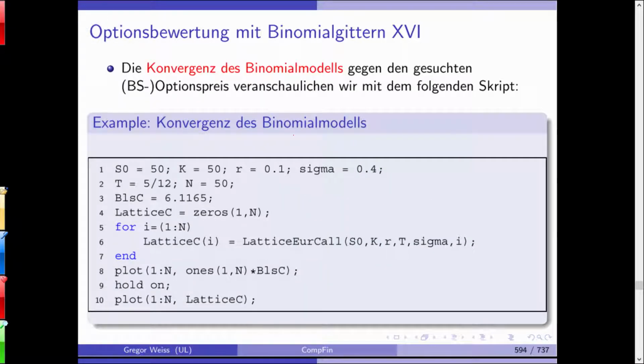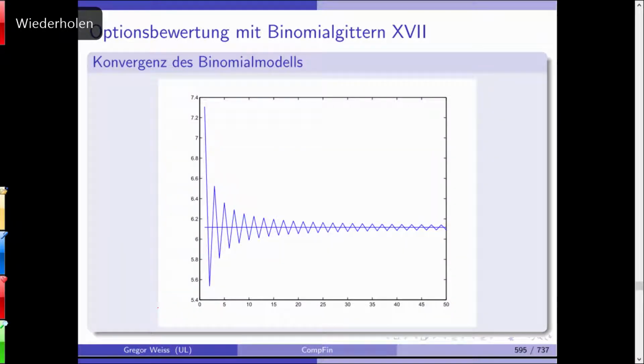Now to show this graphically, I've used this small program, quite simple. It simply starts with one interval, and it moves up the number of intervals and then plots all the different prices from the binomial model. This here is the Black-Scholes price.